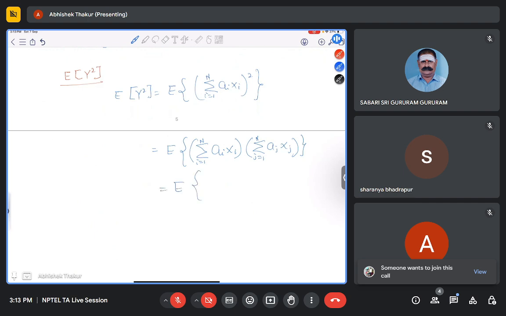So this we can simply write as summation over i equal to 1 to n, j equal to 1 to n, ai aj xi xj.